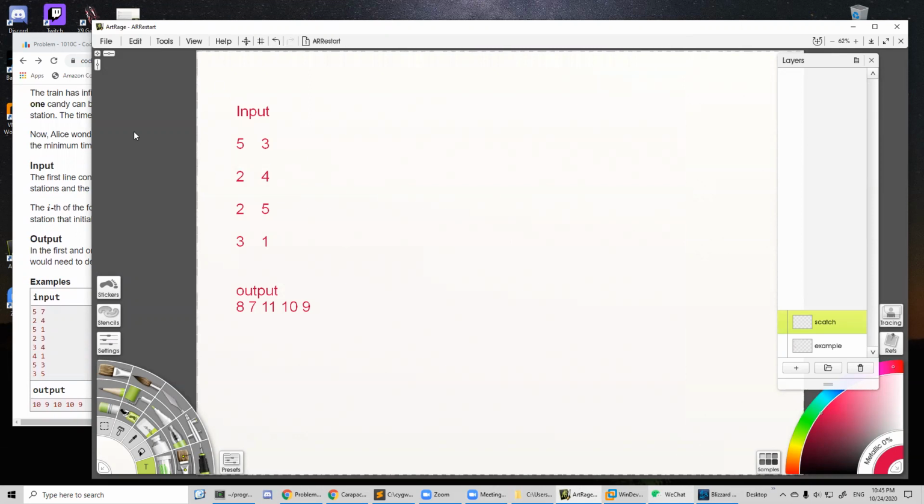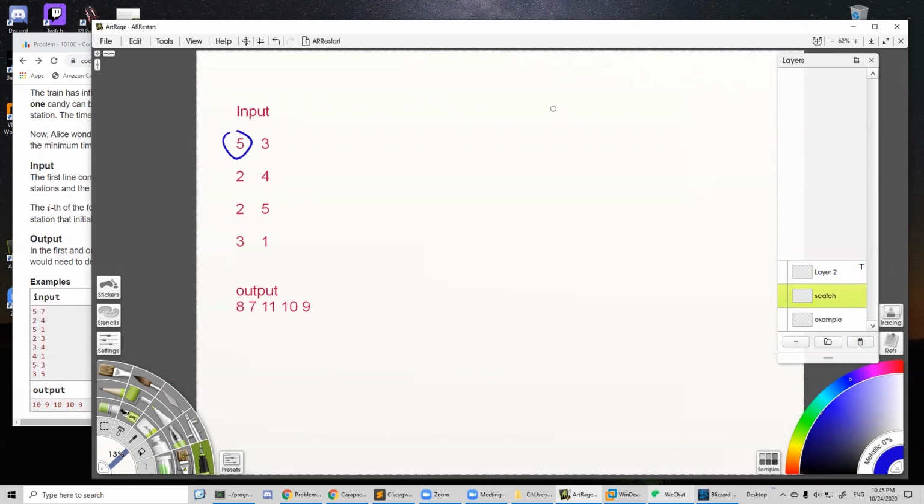So the first line is the number of stations, right? So this number is the number of stations.